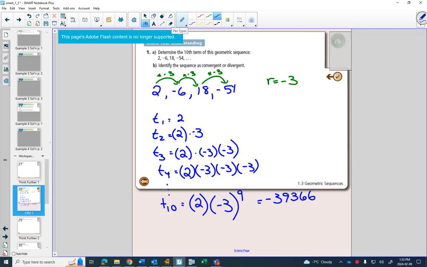Do these numbers seem like they're getting bigger and bigger and bigger? Well, the numbers are getting bigger, but they're also flipping from positive to negative to positive to negative. Does this seem like it's getting closer to a number and being convergent, or getting farther and farther and different every time and being divergent? Yeah, this one is divergent.